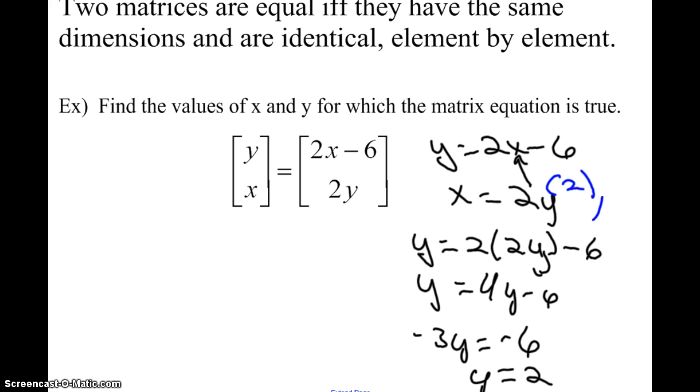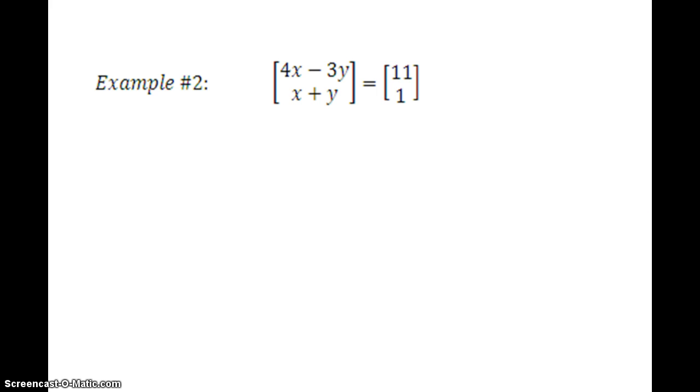And x then would equal 4. So my solution here, my x and y that I would need to make this equal, are x would be 4 and y would equal 2. So, falling back on the information that we just studied, solving systems of equations.